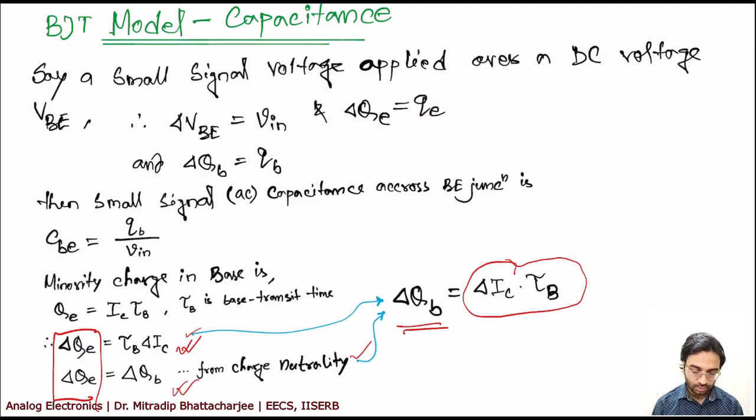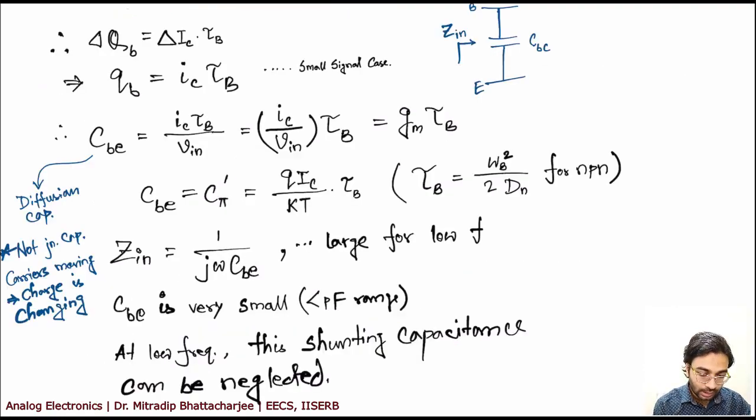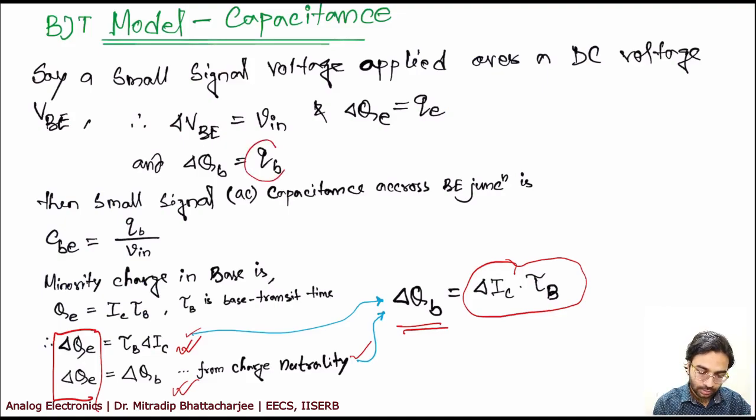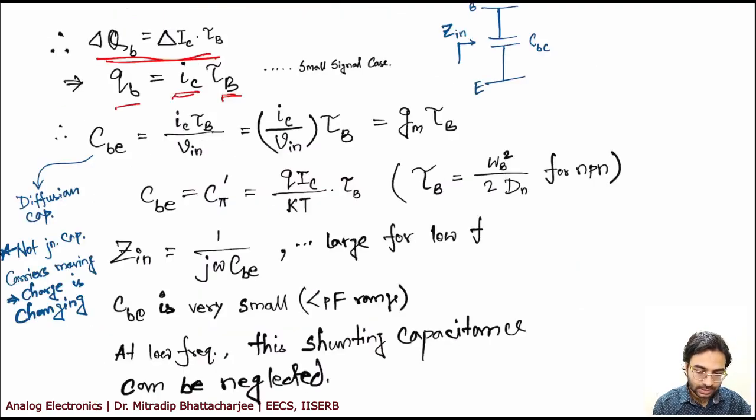So delta QB is equal to delta IC into tau B. Now from this, we can write small qb equal to small ic into tau B. For the small signal case, delta QB is small qb, and delta IC can be written as small ic. So for small signal case, you will get this relationship.